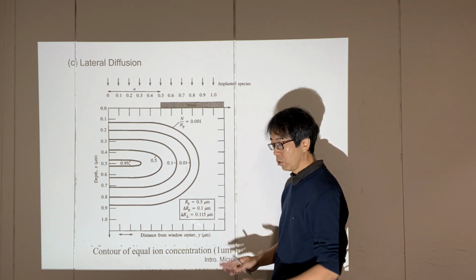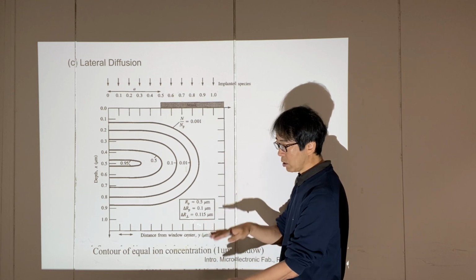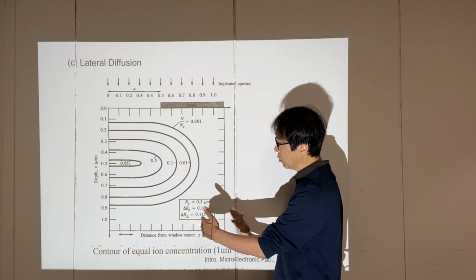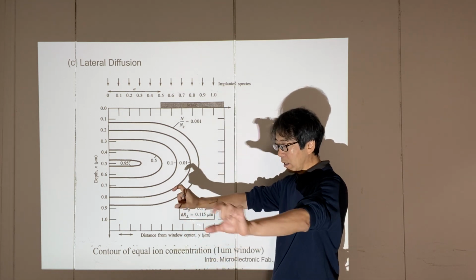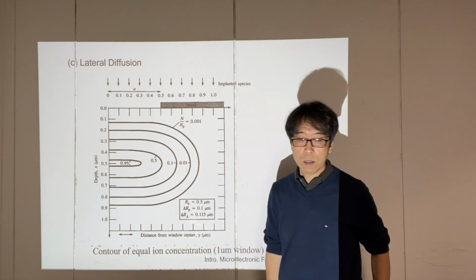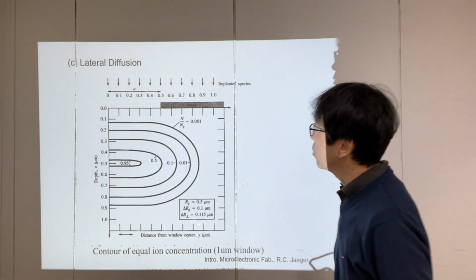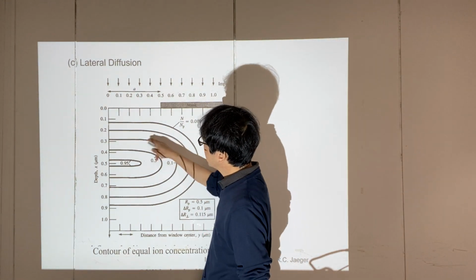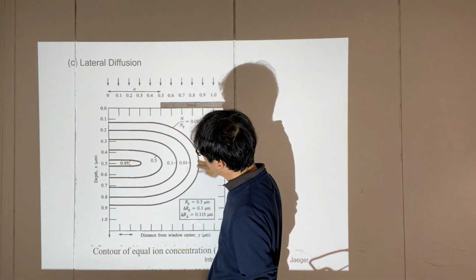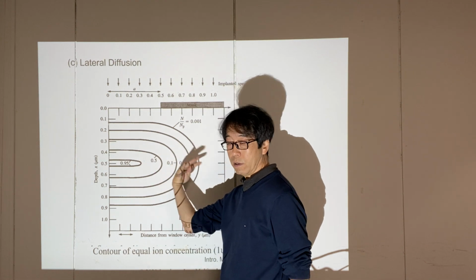Okay, so you have a certain kind of distribution inside this doped profile, but then along this mask you have some kind of fringe effect. So you need to consider that as well. That's what this graph really means. So think about it. You have, for example, right here, this kind of profile. You cannot really avoid this kind of fringe effect.